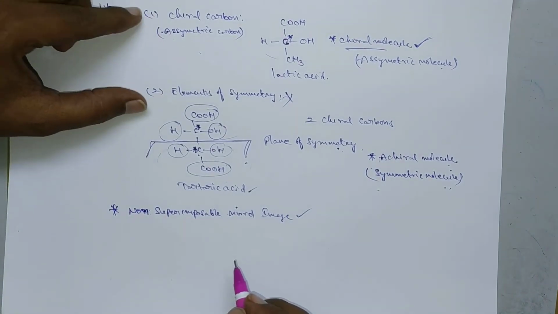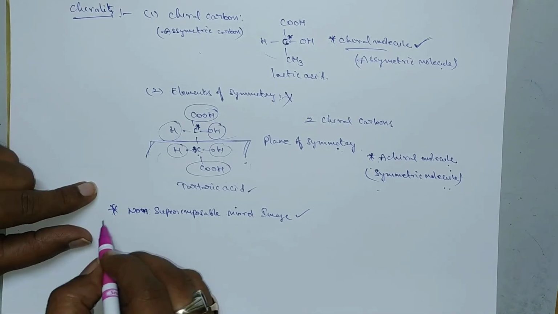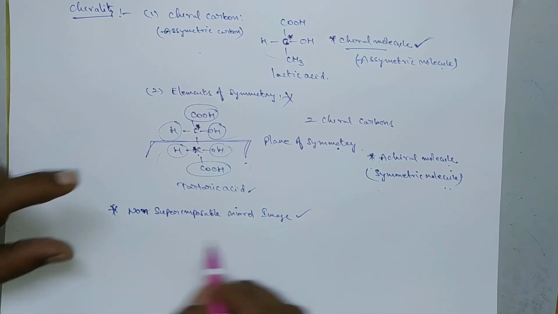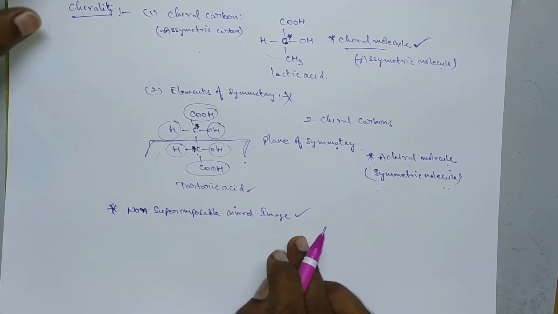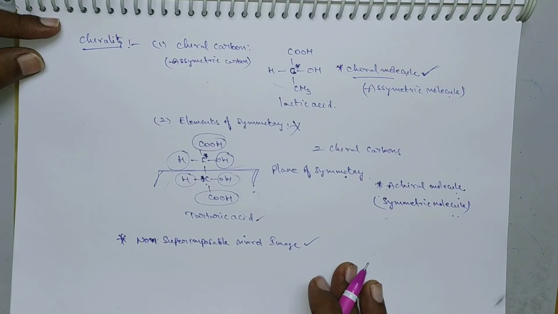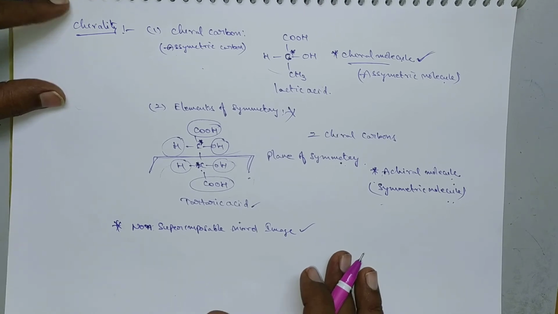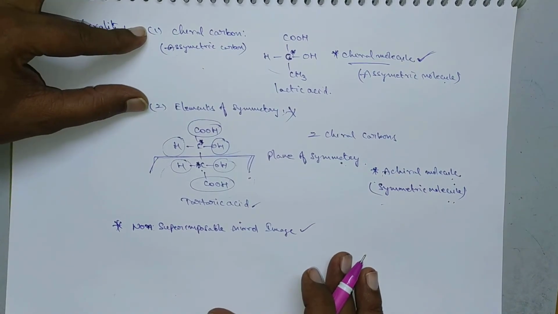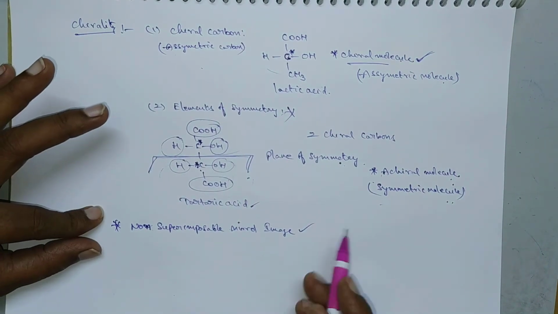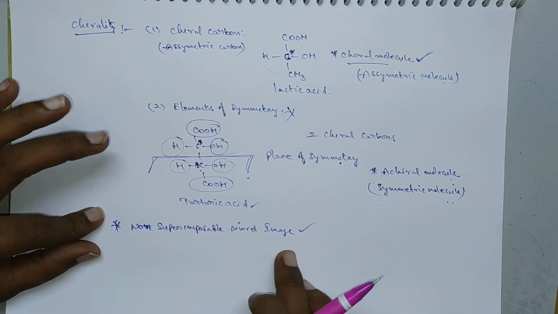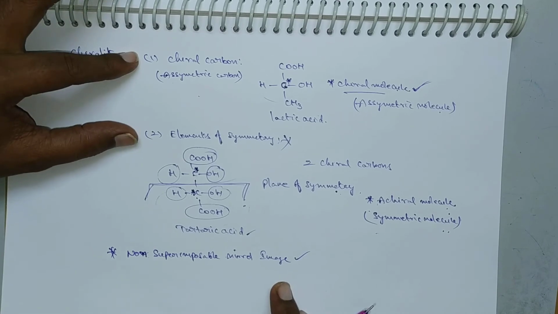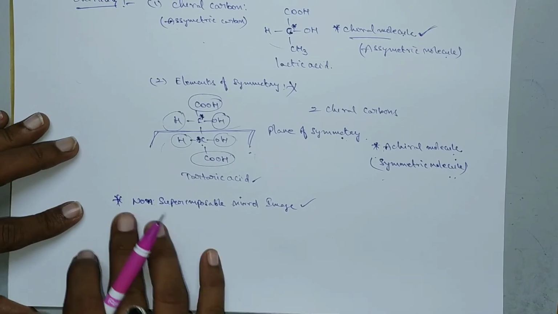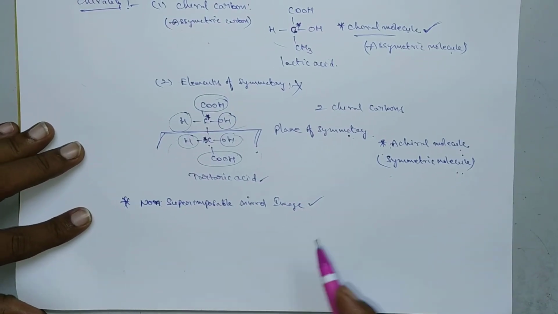So rather than checking these 2 points, we can check only this point. If any molecule possesses a non-superimposable mirror image relationship, then the molecule is said to be a chiral molecule. Okay, clear? If any molecule satisfies this condition, then it will satisfy these 2 conditions also. So the molecule which is non-superimposable on its mirror image is said to be a chiral molecule.